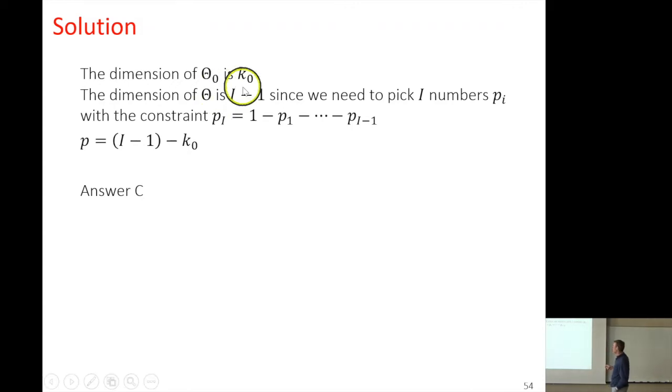Now, under H1, we have to pick a parameter p, which is anything in the set of I numbers, where I is the number of bins, but there's a constraint: the sum of the p_i is equal to 1. So in fact, we have I minus 1 degrees of freedom. So that's the difference here.